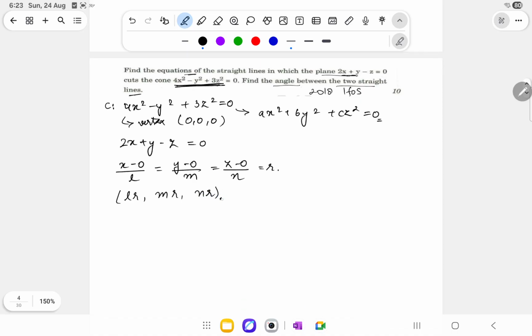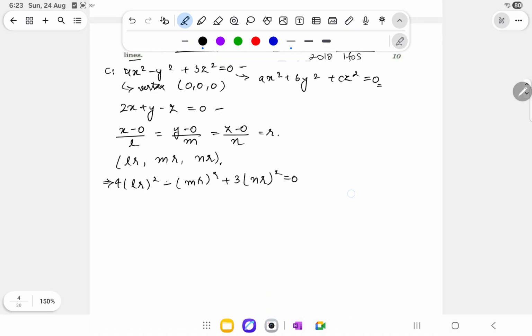So this arbitrary point must satisfy both the equation of the plane and the equation of the cone. If it satisfies both, I'll get 4 into lr square minus mr square plus 3 into nr square equals to 0. If I simplify it, I'll get 4l square minus m square plus 3n square equals to 0.